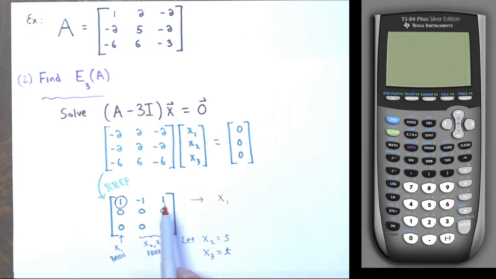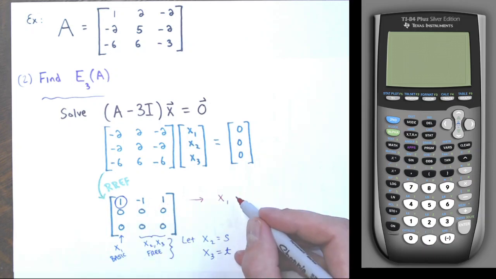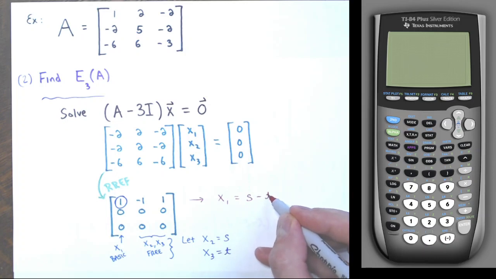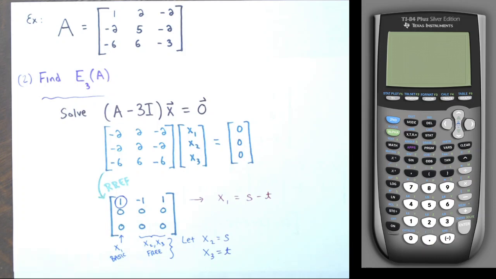Solving for x1, I would add s and subtract t. So x1 must be equal to s minus t, whatever my choice of s is and whatever my choice of t is. So putting this all together, we get our solutions.